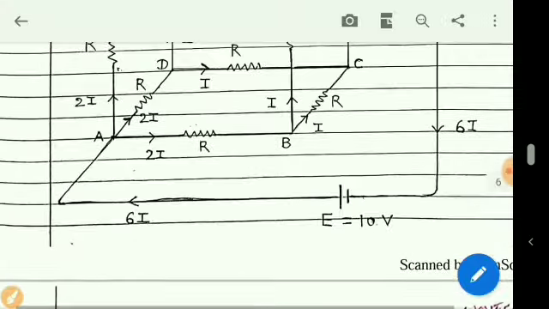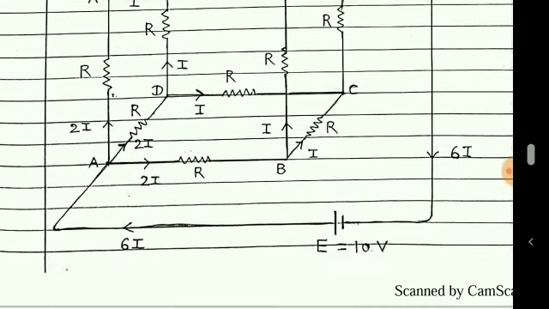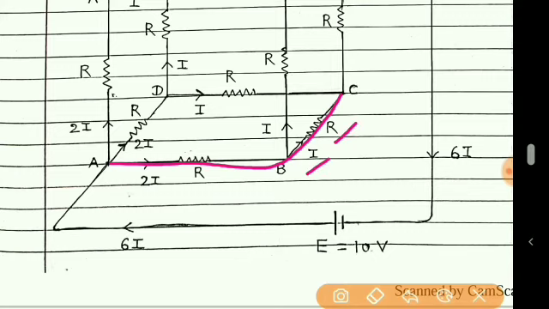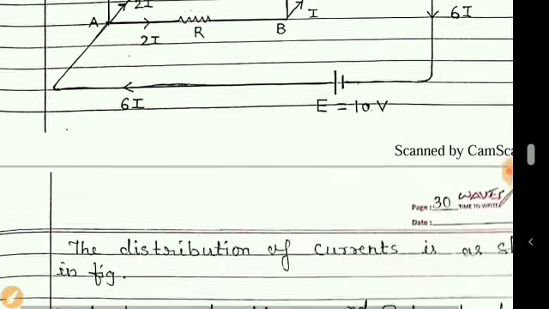Then again moving from point B to C. Again there is a resistance and the current is I. So in the direction of current, you can see the current is also in that direction. So in the direction of current, this I into R will be negative.